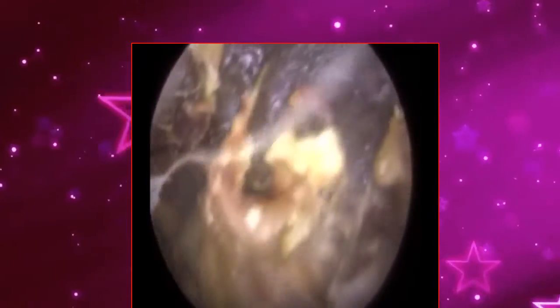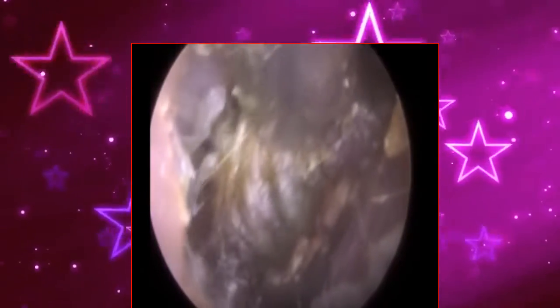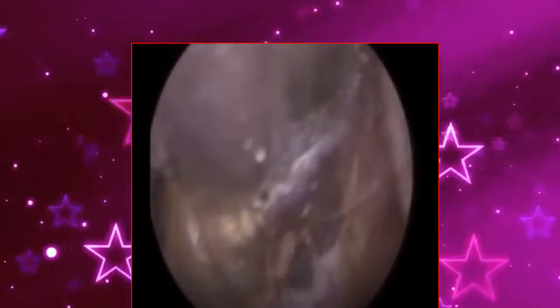And as dead skin sheds, normally it would migrate out of the ear, but this dead skin then collects in that pocket, and eventually that dead skin, that keratin, can develop into a cholesteatoma, and that cholesteatoma can be quite dangerous because it can start eroding the ear canal, the mastoid bone, but also enter the middle ear, also the temporal bone, and it can lead to quite serious conditions.